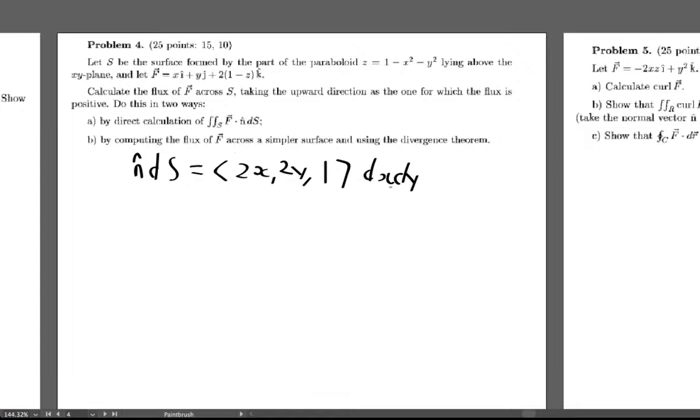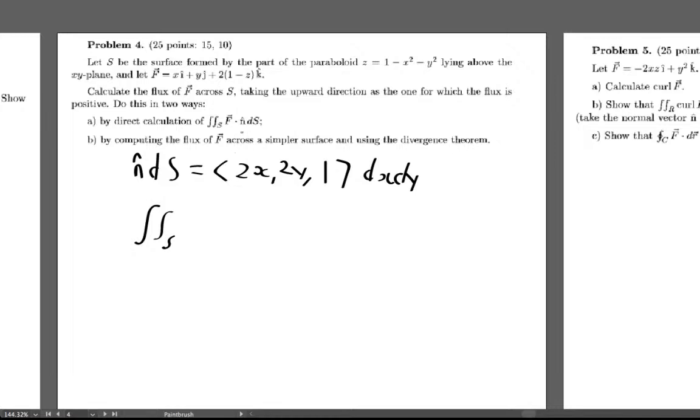And so now when you plug in the numbers, it's going to be chaos. So you plug in the double integral over the surface, where you take the dot product of f vector with this n vector dS.